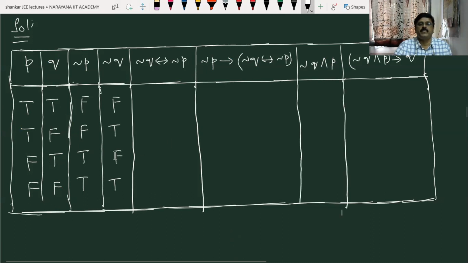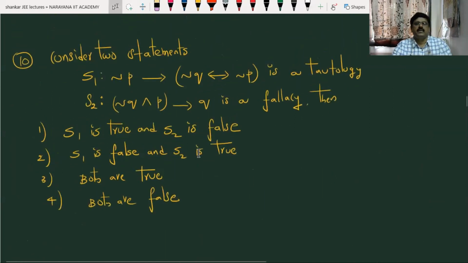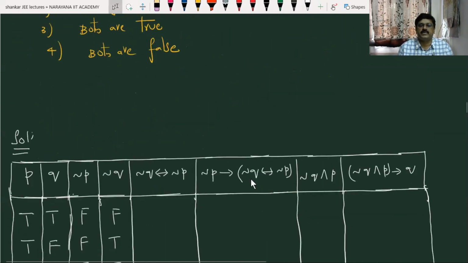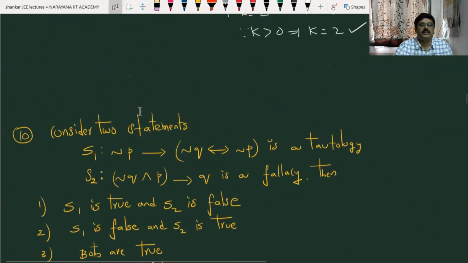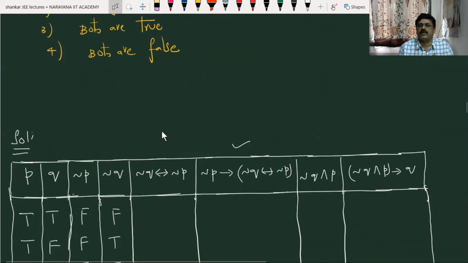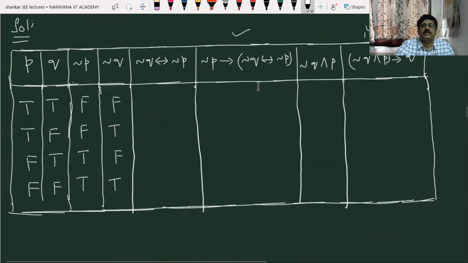Actually, my question is, statement 1 is this one, and this is statement 2, yes or no. Now, to discuss this, let me find this negation of Q implies and is implied by negation of P.